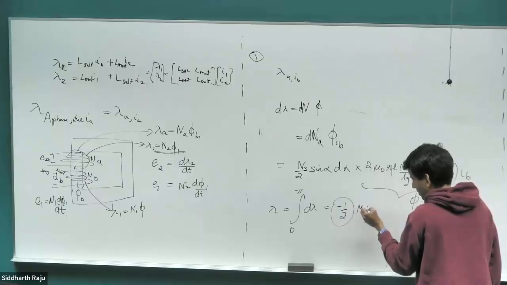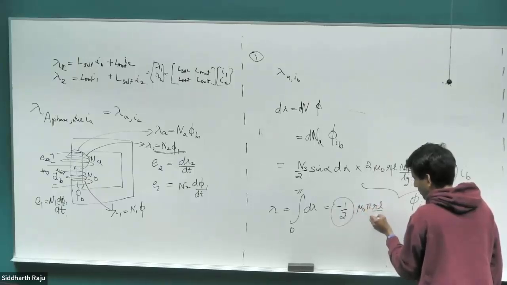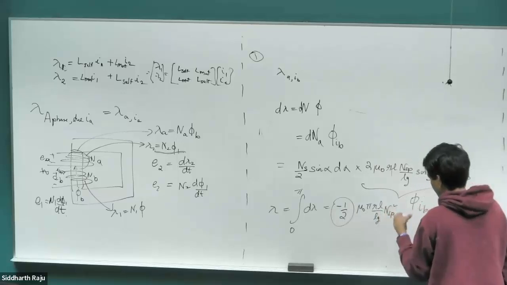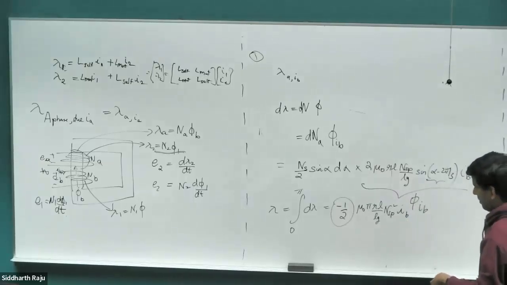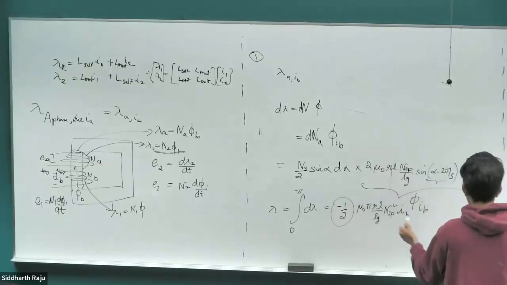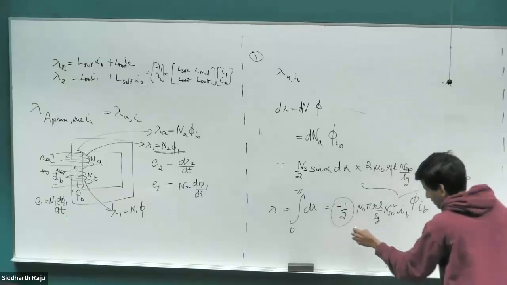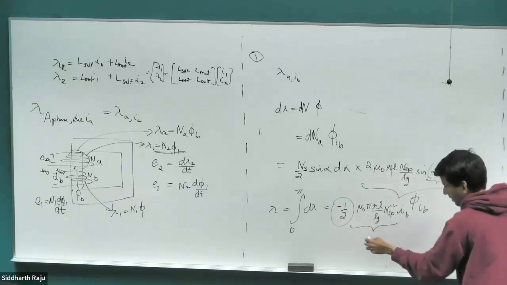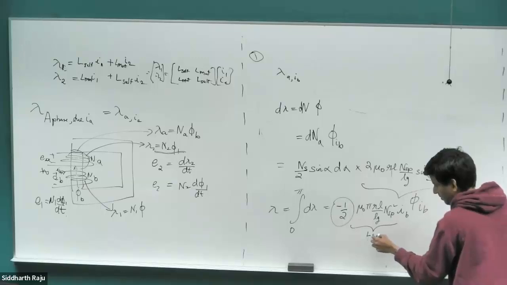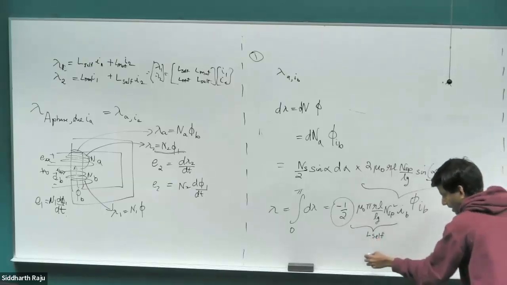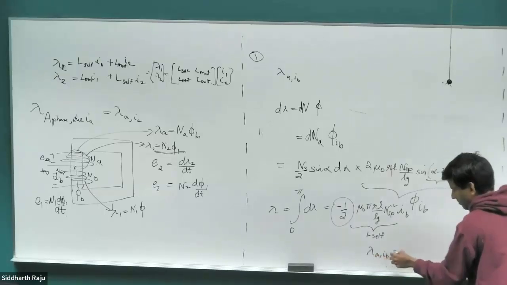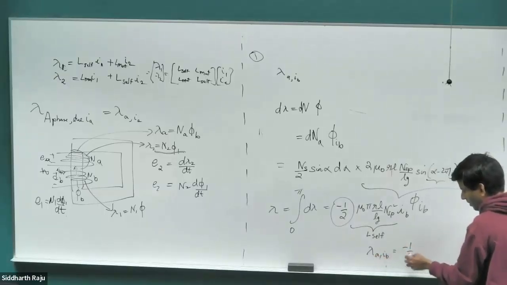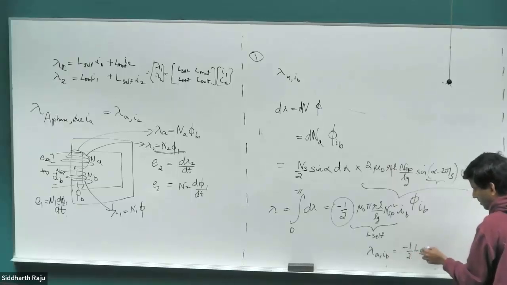Mu naught pi RL divided by Lg times NSP square times the current in the B phase. Again, the 2 by P term would also come here, but we are going to ignore that for now. So this portion is the same as our previous answer. So our lambda, the flux linkage in the A phase due to current in the B phase, comes out to negative 1 by 2 times L self times Ib.